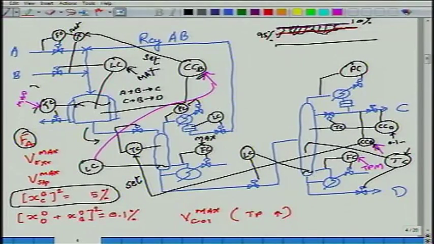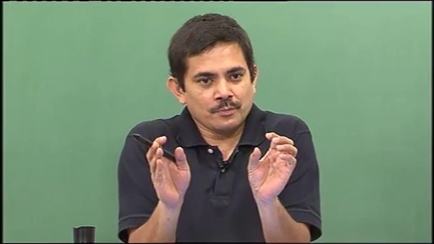Do you realize the moment temperature became max, I hit a constraint, I lost a degree of freedom, right. When you hit a constraint, you lose a degree of freedom. A degree of freedom is being used to drive the process to that constraint, right. What is left in my hands? Composition of B leaking down the bottoms, right. I can adjust this in that band of 0.1%, from very small close to 0 to very close to 0.1%, but not beyond.